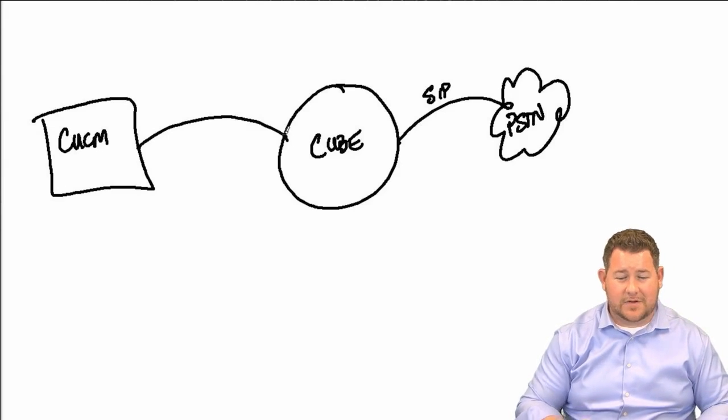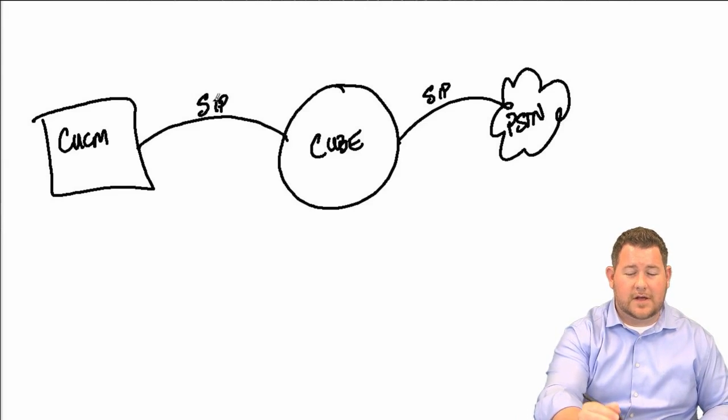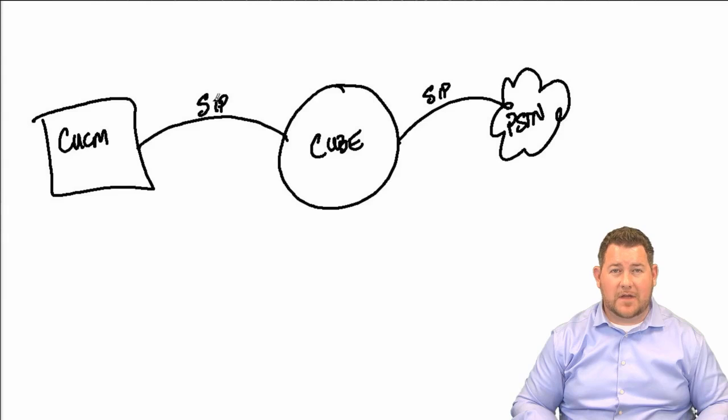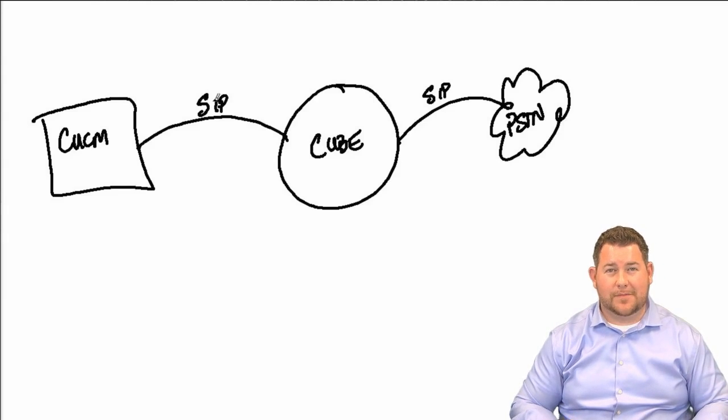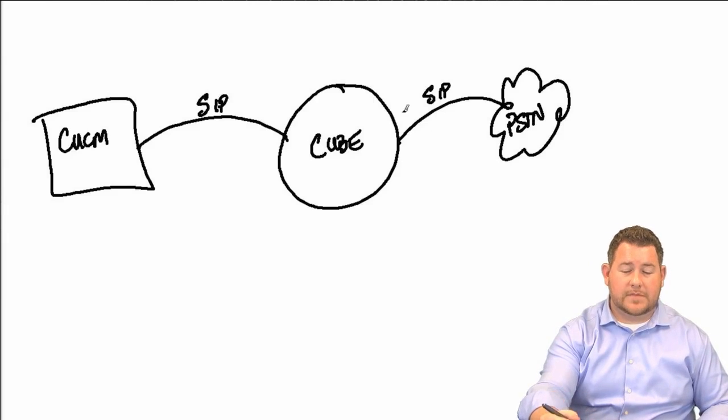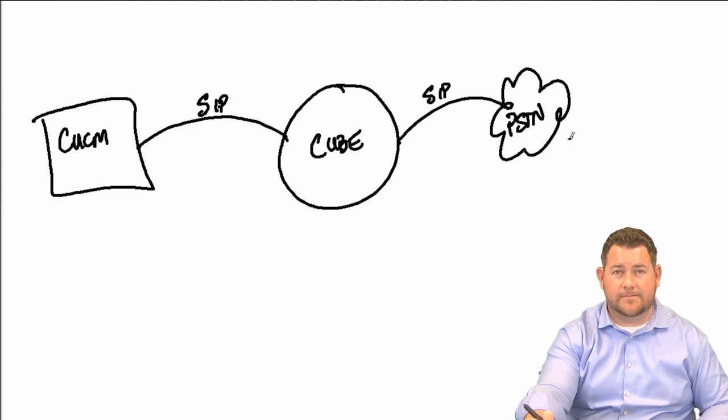Obviously, if you want to make it easy on yourself, try to keep the same protocol so you don't have to worry about the difference in protocol causing features not to work correctly. If you have the opportunity, always use SIP to SIP. Save yourself some trouble. So CUCM to CUBE here is using a SIP trunk, of course, and then CUBE to the PSTN, we're using a SIP trunk as well.